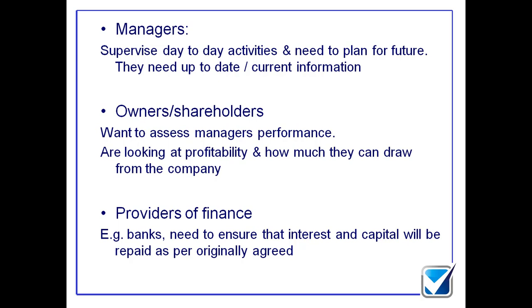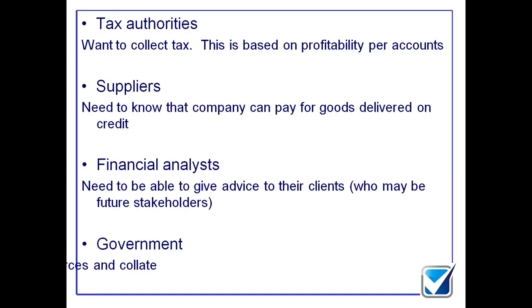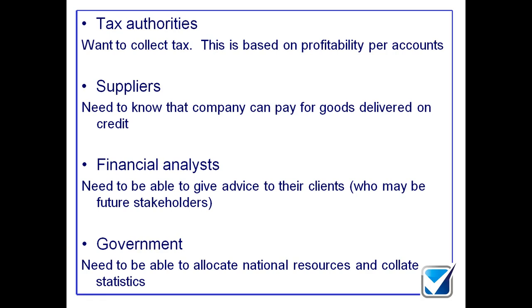Okay. Other users of our information would include everybody's favourite, the tax guys. We will have a look at some of the tax elements a little bit later on, so we can focus in on corporation tax issues or income tax issues. And then if you want to have a look at some VAT stuff, we can have a look at some VAT issues as well. So the tax authorities need to be able to collect their pound of flesh from us.